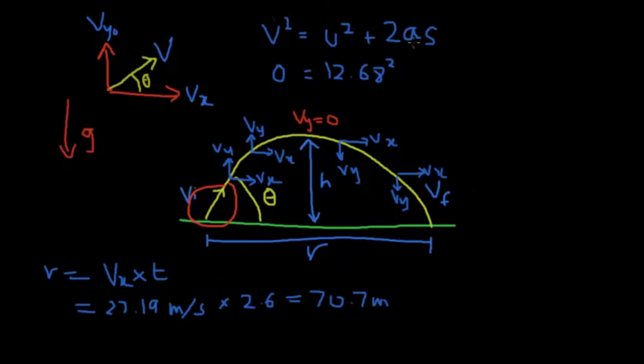So since the acceleration is negative, we're going to go 2 times 9.81 times s, which gives us s of 8.19 meters. S in this case is equal to h. So it reached a maximum of 8.19 meters over here.